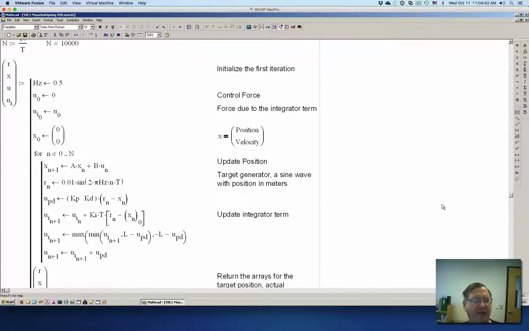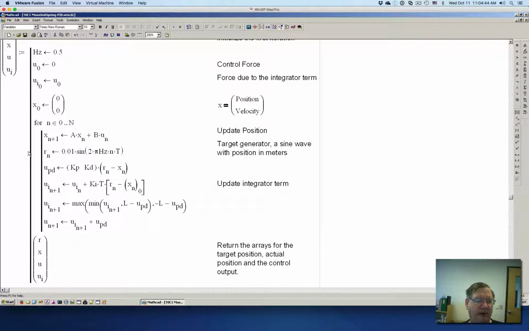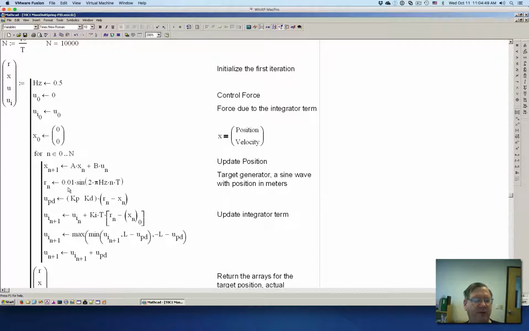And here I make a small amplitude of 10 millimeters. The reason I can get by with that is because it's a little bit more motion than in the example up above, but the force necessary to go 10 millimeters is not as high as the force it takes to do a step.